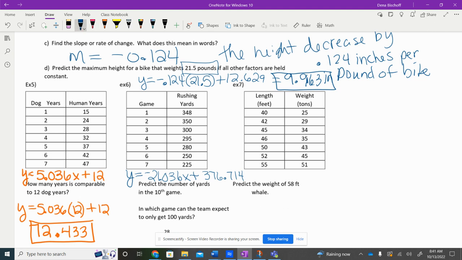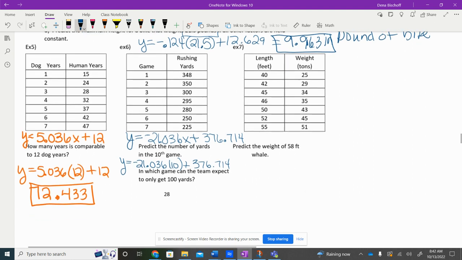So that means I'm taking my equation y equals negative 21.036 times 10 plus 376.714. What did we get for that? Is someone calculating that? It should be close to 165.